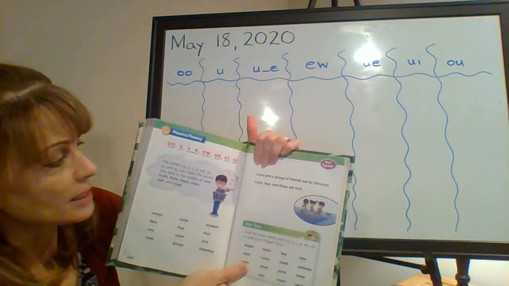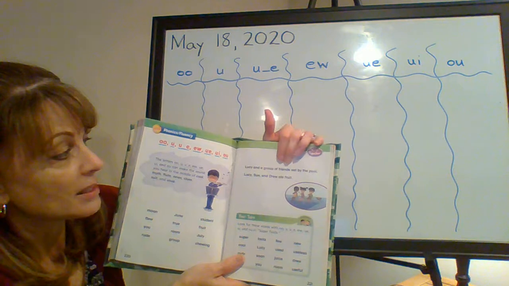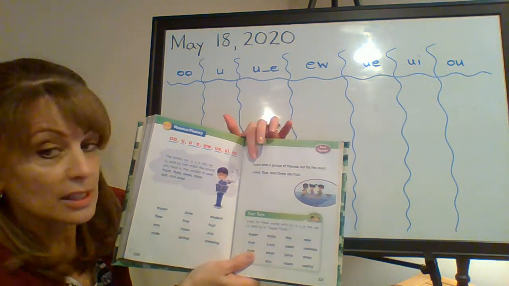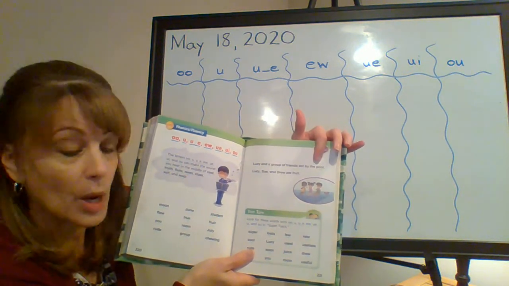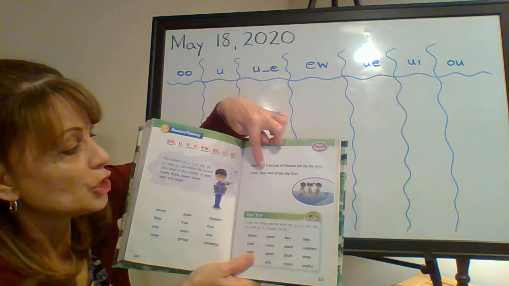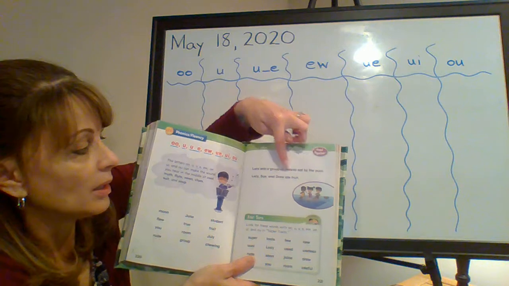Look at the sentences we have up here. Lucy and a group of friends sat by the pool. In that sentence, we have U by itself, O-U, and O-O. Then we have Lucy, Sue, and Drew ate fruit.